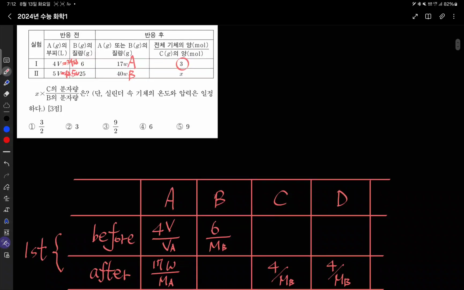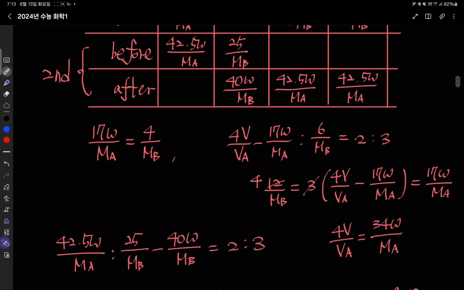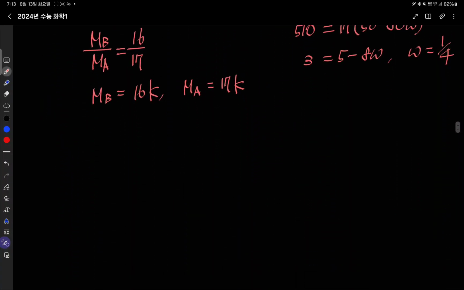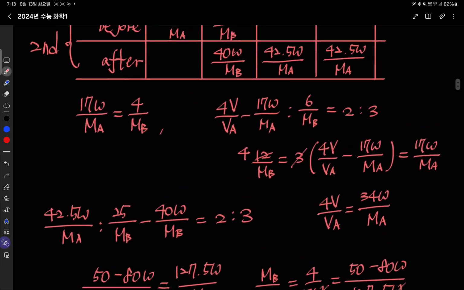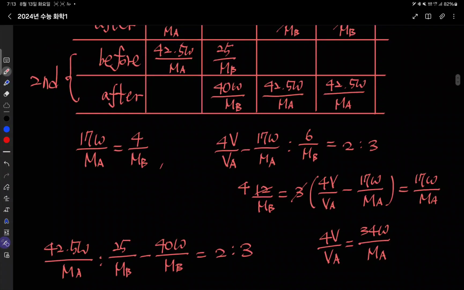And then we want to find the ratio of all the gases over gas C after the second experiment. So the value of X is the sum of these three.